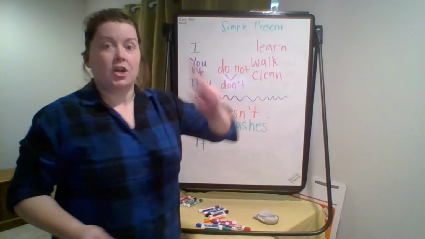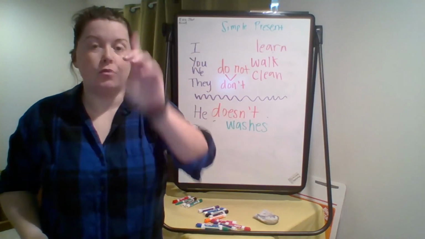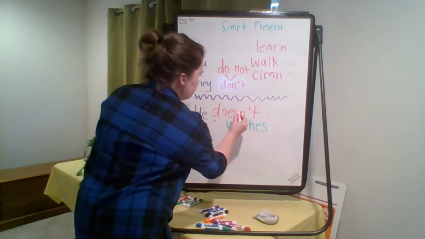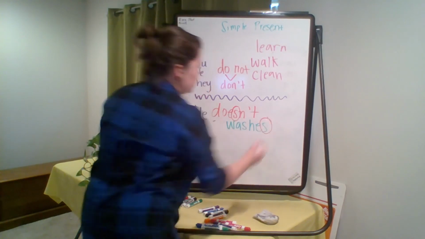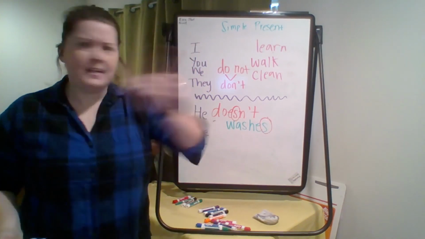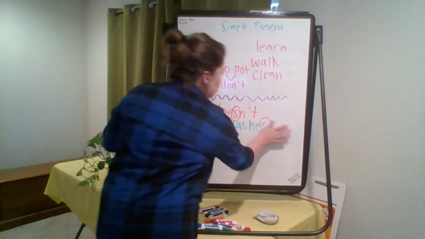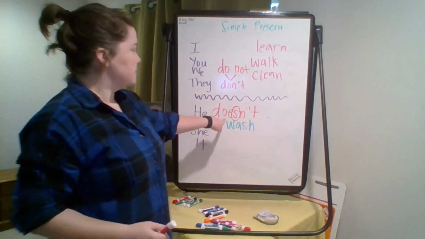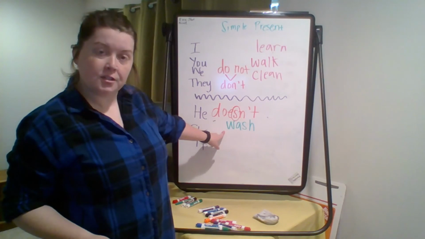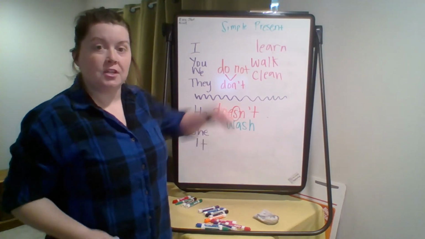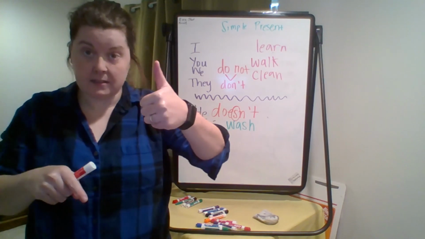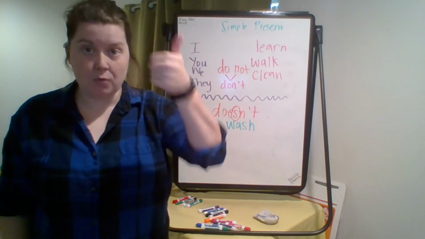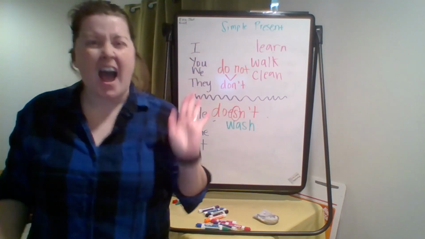He doesn't washes. Now, for he, she, and it, you only need one S. Only one. So look, in the negative, here's your S. And if we leave that, then now you have two S's. You don't need two S's. So we're going to erase and get rid of this one. He doesn't wash. He washes with the S. He doesn't wash. Okay? He washes. He doesn't wash.